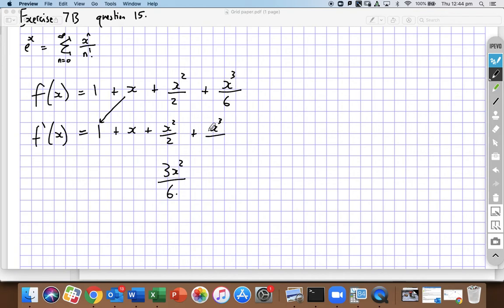Whatever happens up here, we have to put down there. How would I get this x cubed? I'd need an x to the power of 4 in the function, but I need to ultimately have it divided by 6, so it turns out to be 24. The next one will be divided by 120, and so on and so on. And you can just go forever, all the way up to infinity, right?